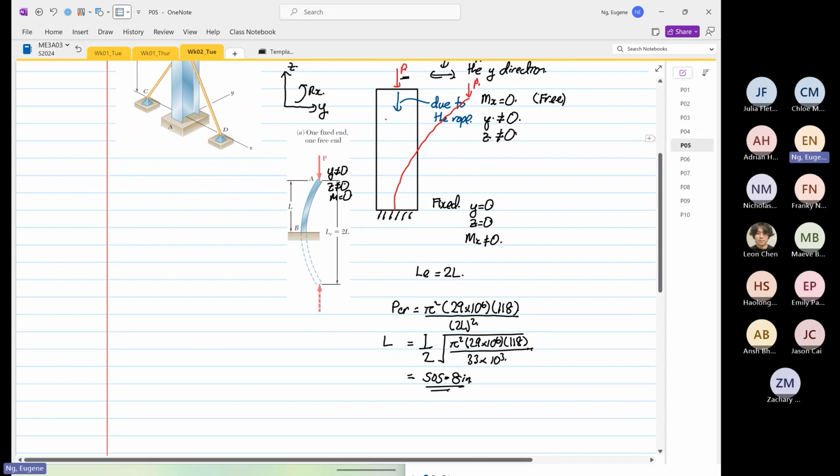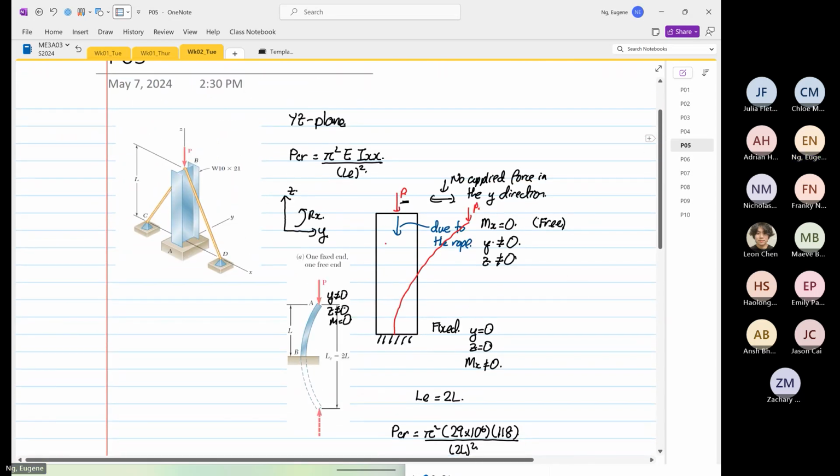So what this means is that the resistance to buckling is higher.